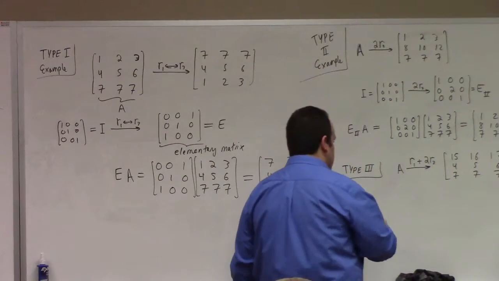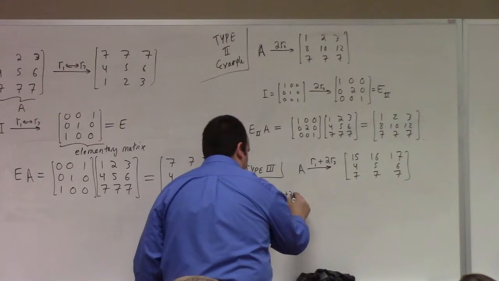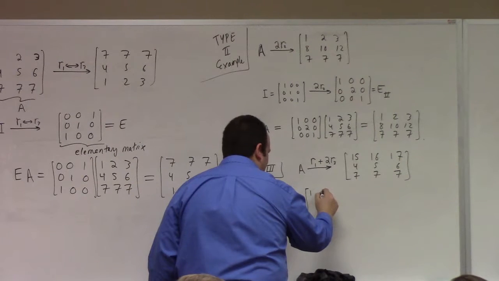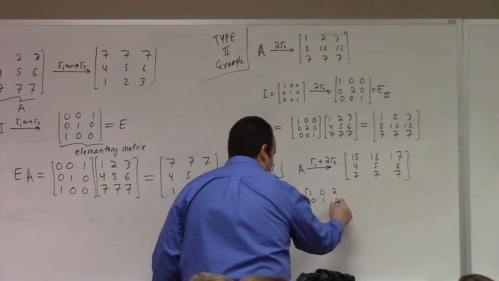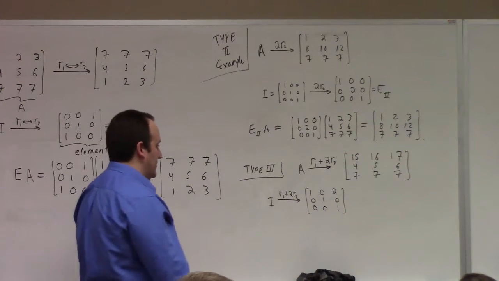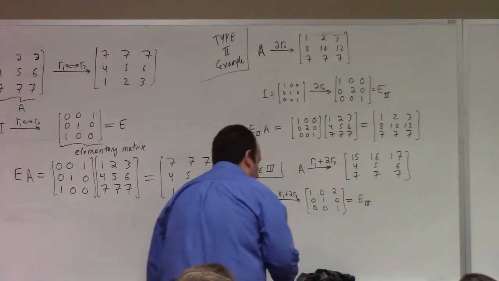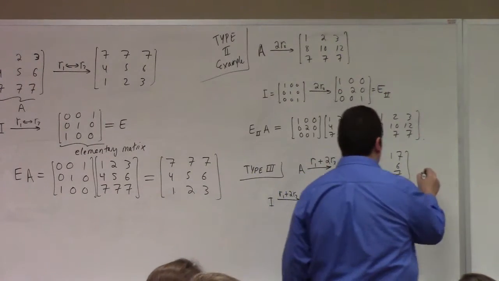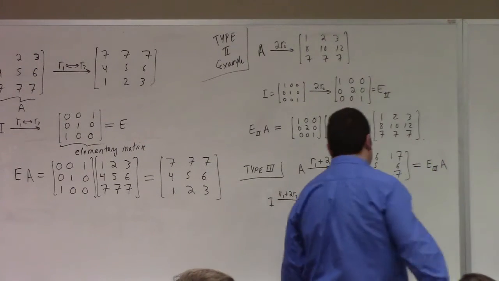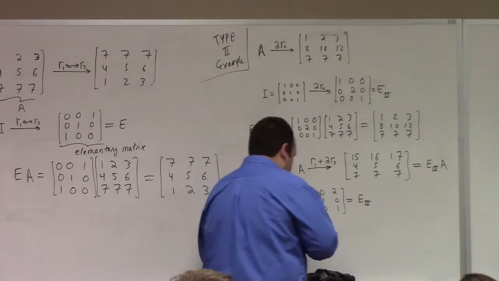All right. So I take the identity matrix, and I do row 1 plus 2 row 3 to it, right? That gives me 1, 0, 2, 0, 1, 0, 0, 0, 1. All right, so this is what I'll call E3 for the sake of discussion. And guess what? This is equal to E3 times A. We can try. Here, I'll do it down here.